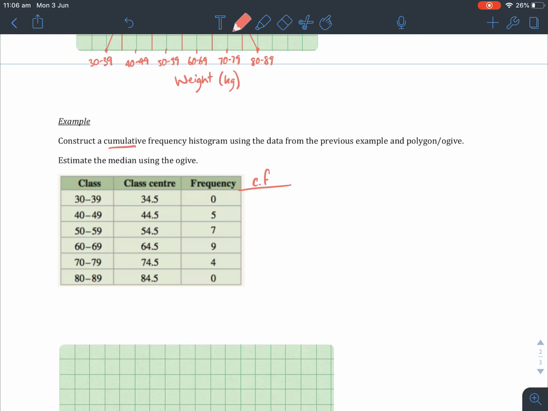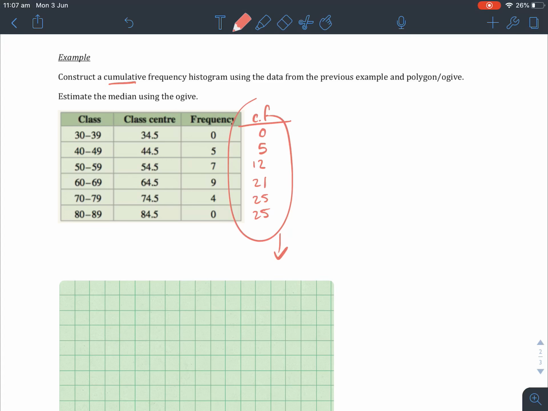And let's complete it. 0, 0 plus 5 is 5, 5 and 7 is 12, 12 and 9 is 21, 21 and 4 is 25, and 25 and 0 is still 25. So this is our cumulative frequency column, and this is the one that we will be using to graph our histogram.